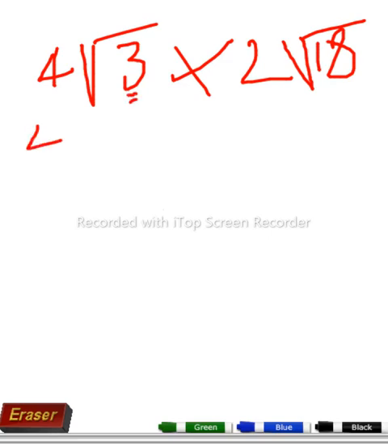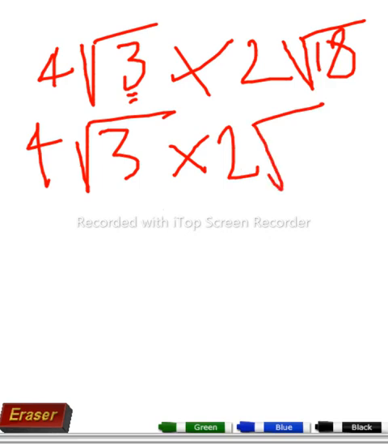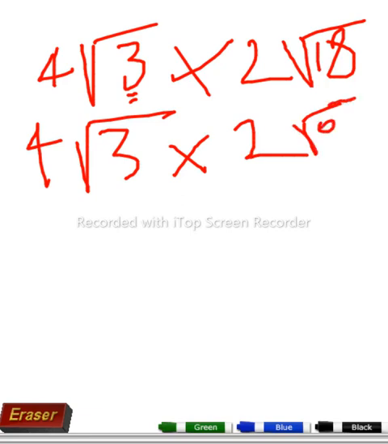This means 4 square root of 3 times square root of 18. As we know, 18 means 9 times 2.